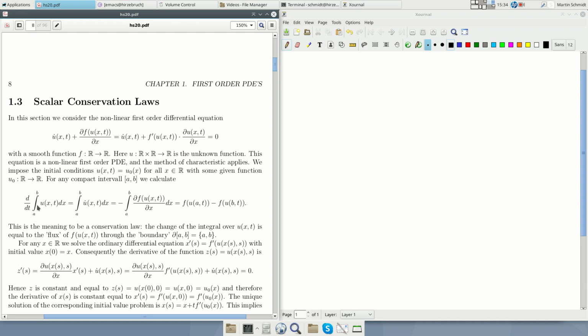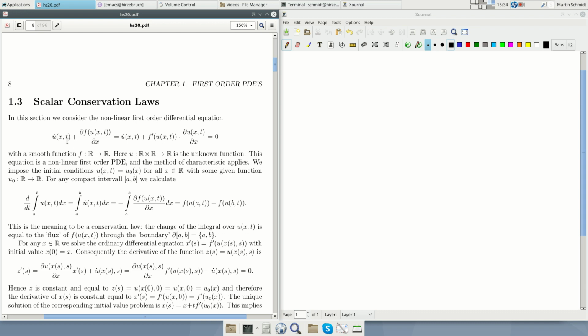Okay, let's do this calculation. Since these are continuously differentiable, we may put the derivative inside of the integral. Then we have this equation.